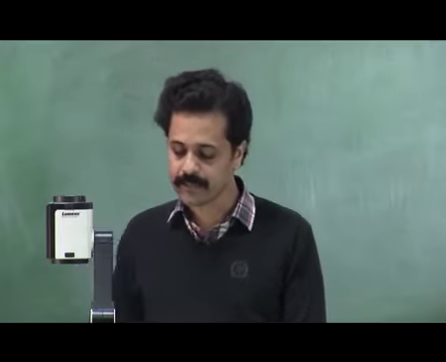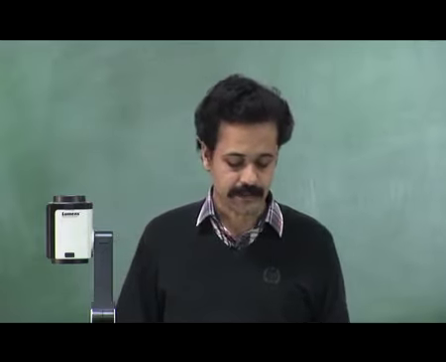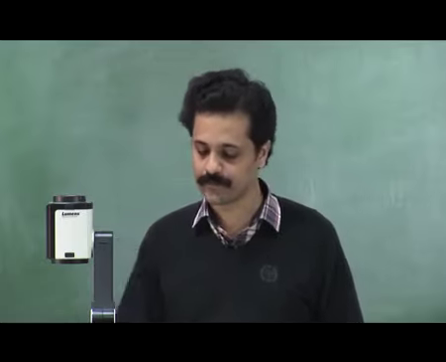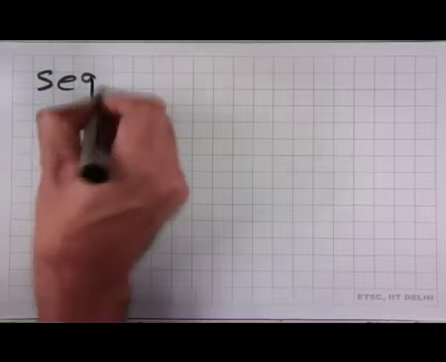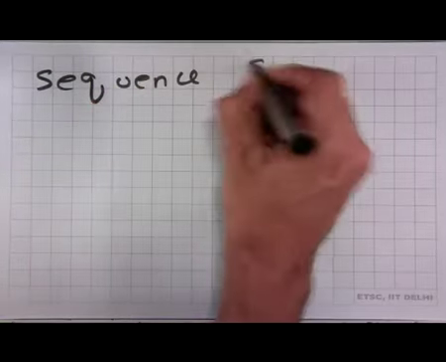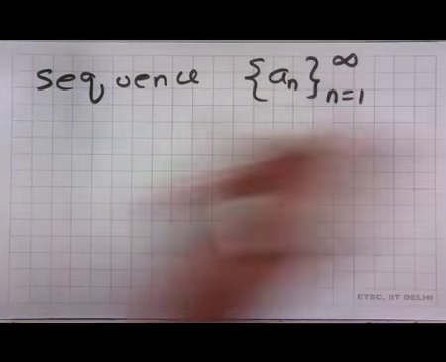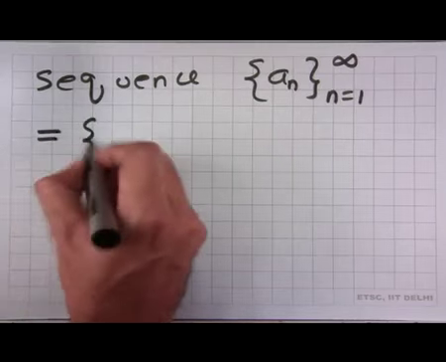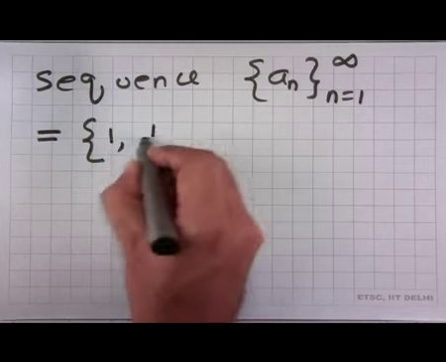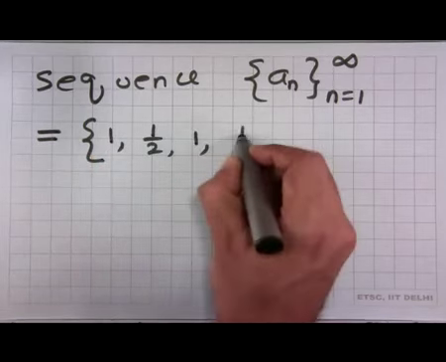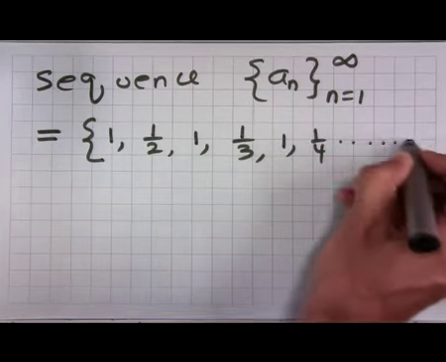Another reason why a sequence should be treated differently from a set is the following. Consider the sequence {a_n}, n equal to 1 to infinity, written in more expanded form as, let us say, 1, 1/2, 1, 1/3, 1, 1/4, and so on and so forth.